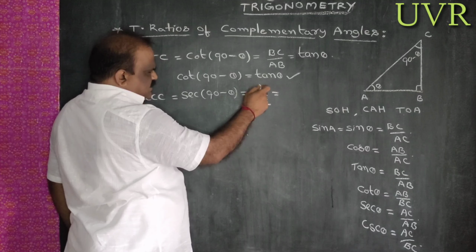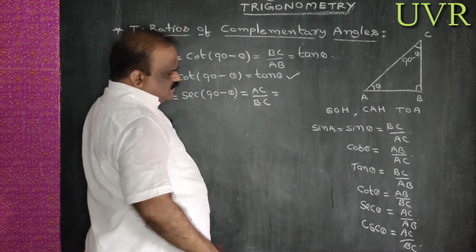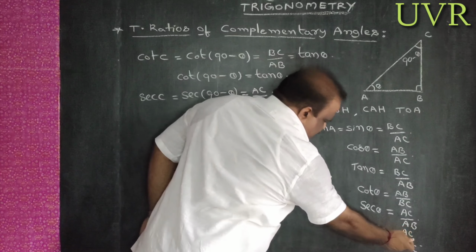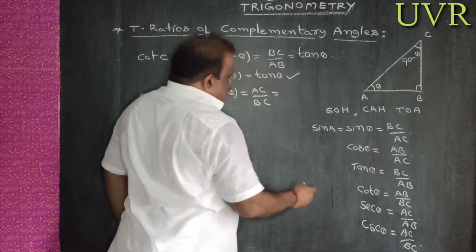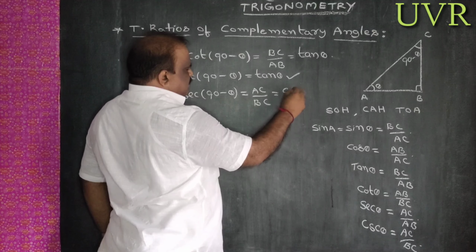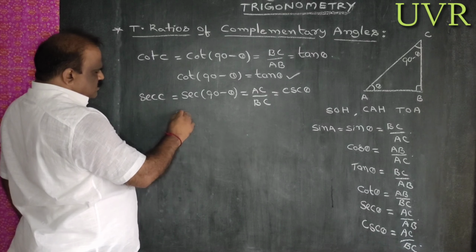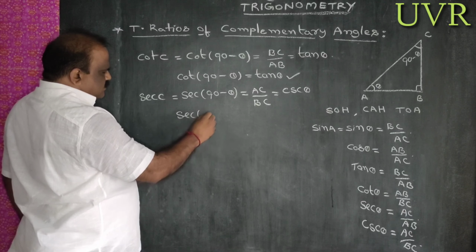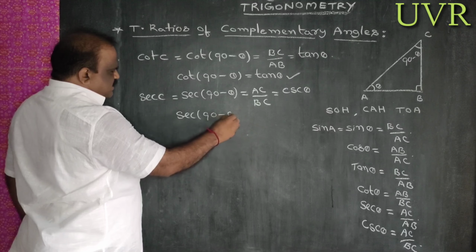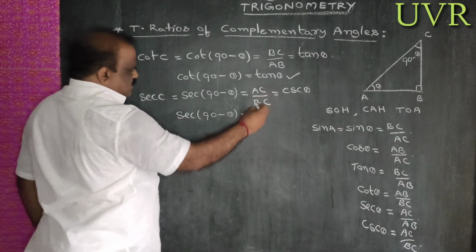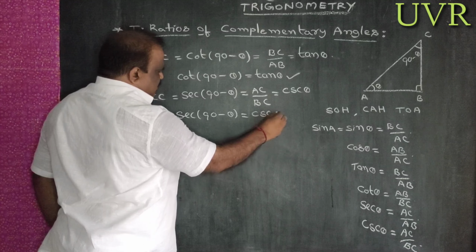So here AC by BC is equal to cosecant theta, CSC theta. From above we know secant 90 minus theta is equal to cosec theta.